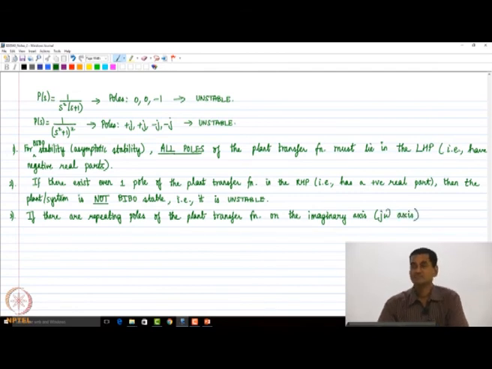Typically the imaginary axis is also called the j omega axis, because s is written as sigma plus j omega.